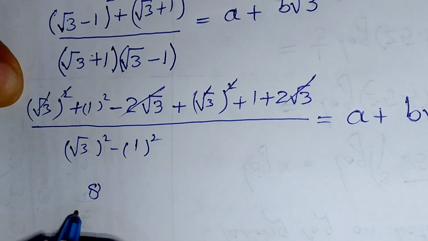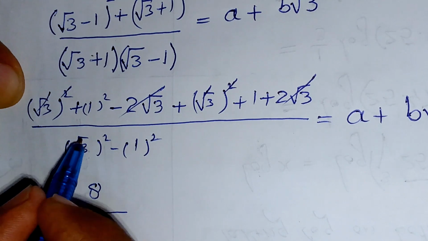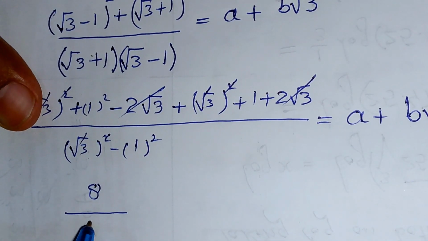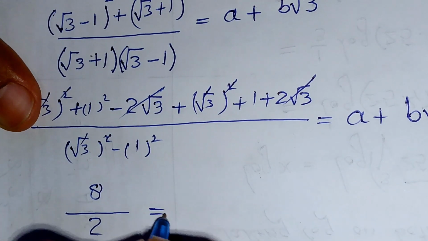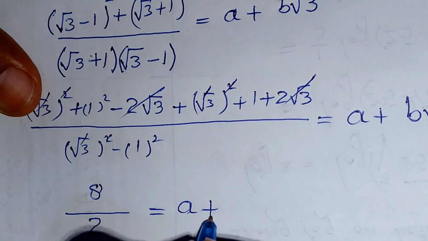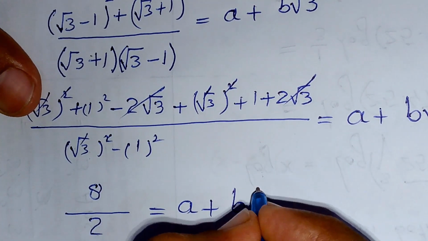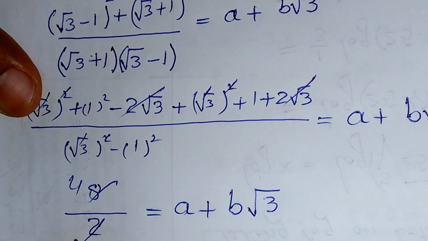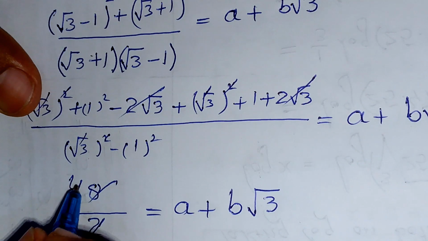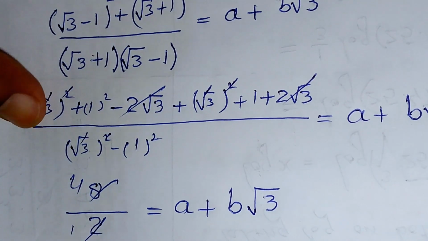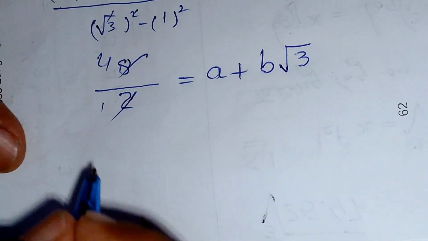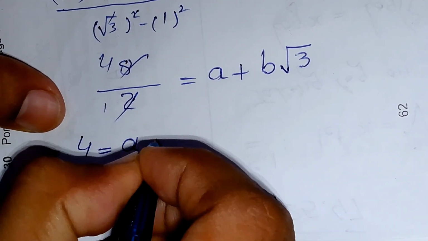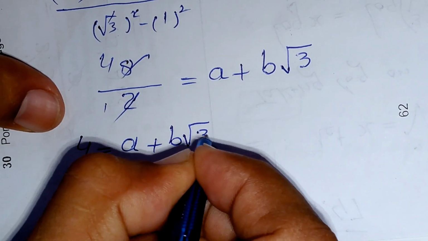We can write it 8 by, this will be cancelled with this one, so 3 minus 1, this will give us 2, and here is the value a plus b under root 3. This can be cancelled like this, 2 ones are 2 and 2 fours are 8, so here the answer is 4 is equal to a plus b under root 3.